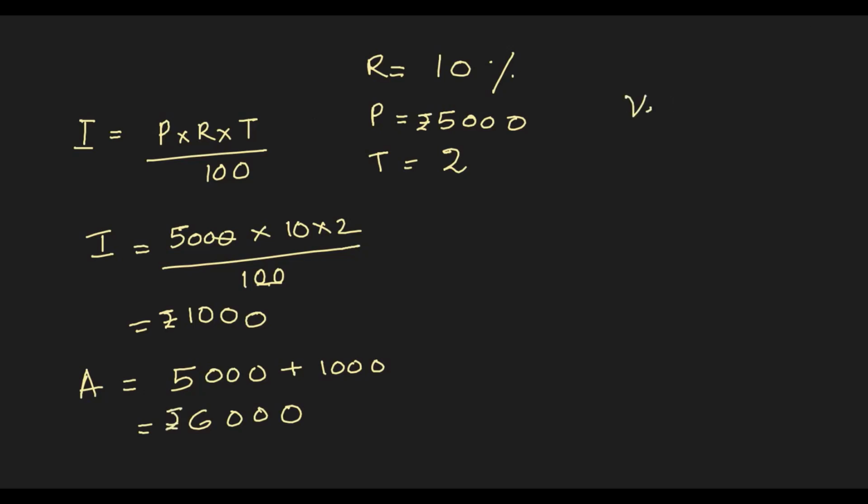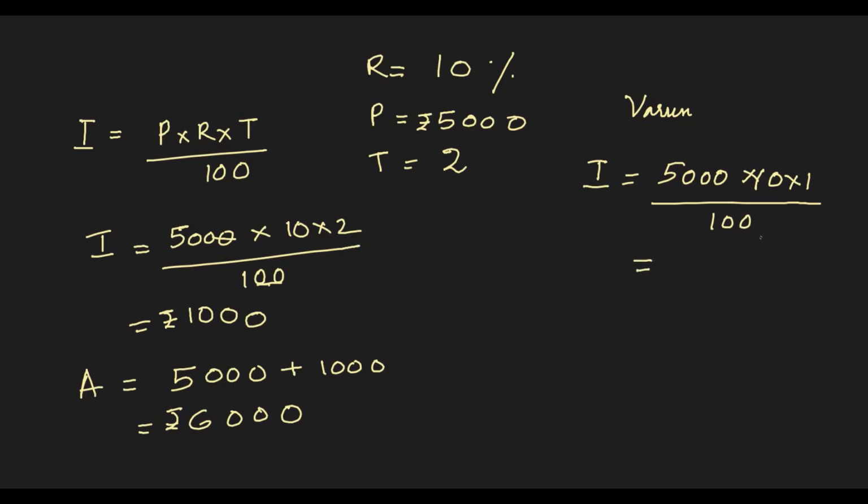Now Varun did it another way. That is, he deposited the amount for 1 year. So he gets interest as 5,000 into 10 into 1 by 100.